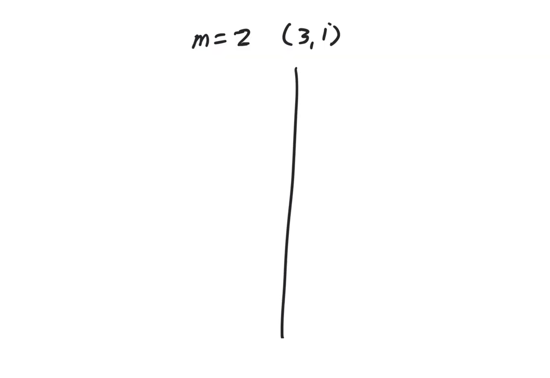Okay, another one here I'm going to put up, and I'm going to show you how to do this one two different ways. I don't always show you two different methods of doing everything, but the reason I show you this here is because you've probably been familiar with doing this one way in the past, and as we go throughout this chapter, sometimes we will still use what we call point slope form.